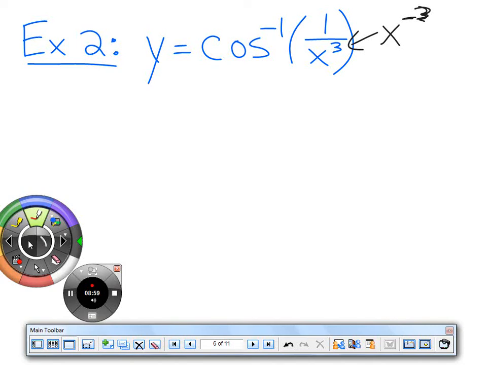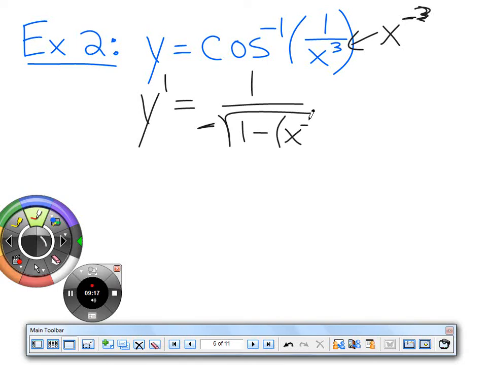So now we're going to just apply what the derivative says. So y prime equals 1 over, and it's negative, this one's negative. Other than that, it's exactly the same as the inverse sine. 1 minus, and then whatever's in that spot, we're supposed to square it. So x to the negative 3, and then we square it.